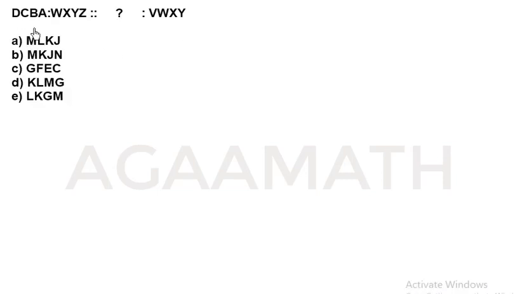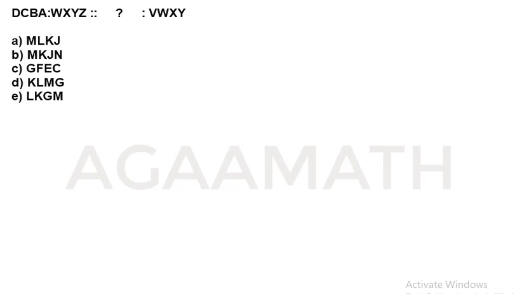Now let us look at this question: DCBA is coded as WXYZ. Then what letter is coded as VWXY? As we saw in the previous questions, we always think how D is coded as W, C as X, B as Y and A as Z. But it's not like that; there's a simple thing.